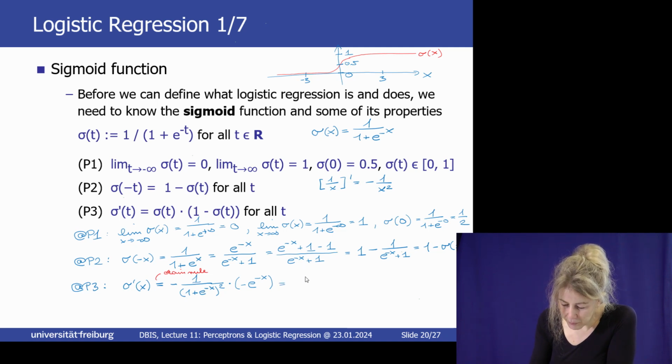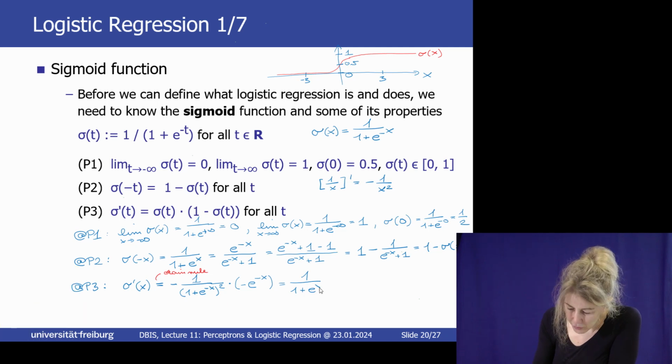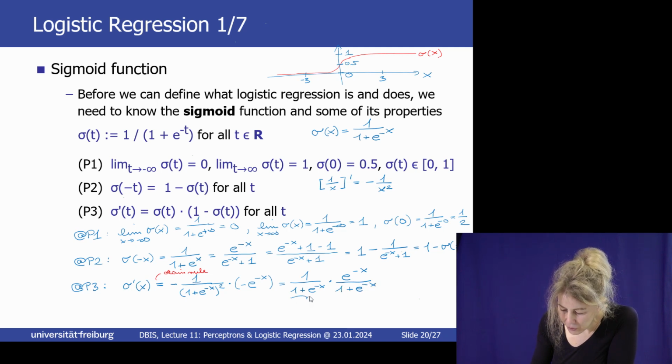Okay, let me write it like this. This is 1 over 1 plus e to the minus x. I know where I want to go. Times, and then I have two minuses here, which cancel out. 1 plus e to the minus x, and this is actually sigma of x, and I think we have already seen it above here.